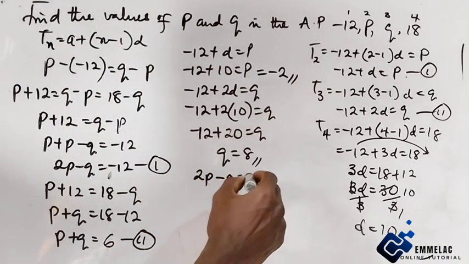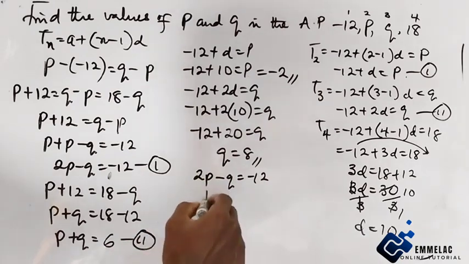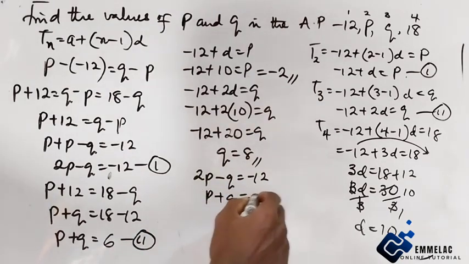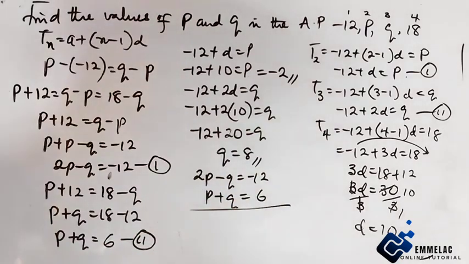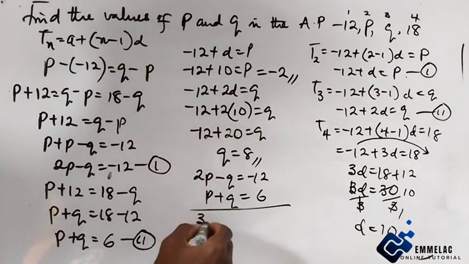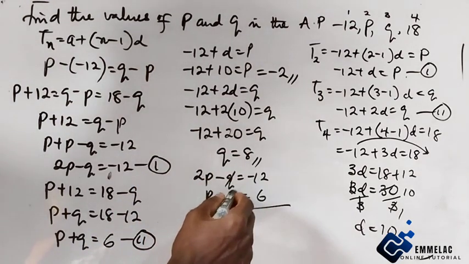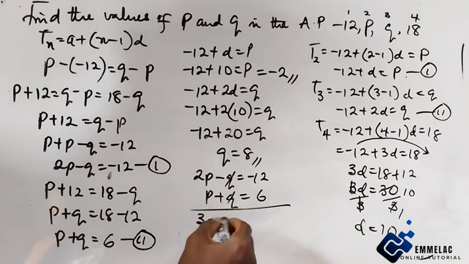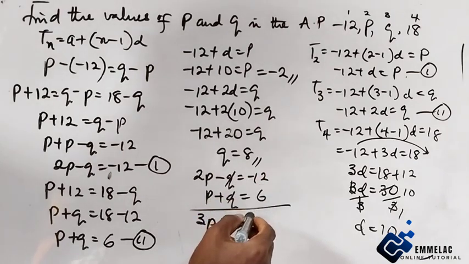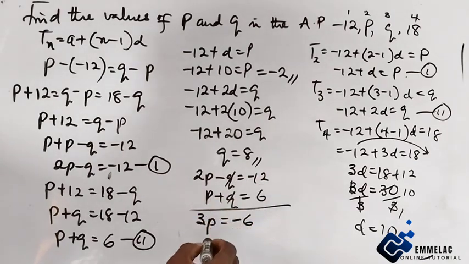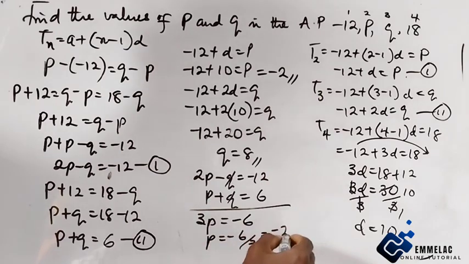Minus Q equals minus 12, then P plus Q equals 6. Now if you add this together, this plus this, you have 3P. This Q will cancel this, that will be 0, then equals this plus this, which is minus 6. Then P equals minus 6 over 3, which is minus 2.